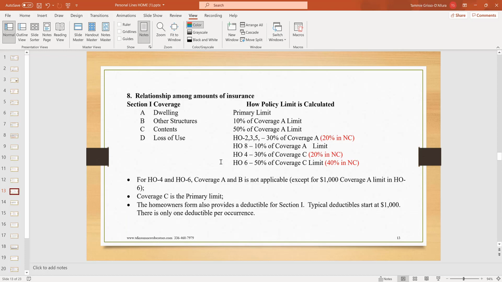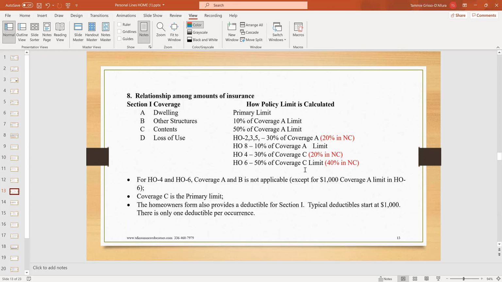So you're not really a regular homeowner, but you're not a renter. So for your condos, they have their own policy called an HO6. And this is how their loss of use is going to be calculated. It's going to be 50% of coverage C, because coverage C contents is their main limit, for your HO4, which is a renter's policy, and for your HO6, which is a condo. So that's all going to be coverage C.